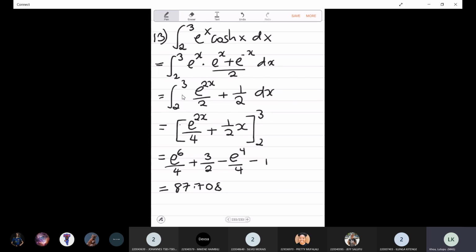And that was number 13. Number 15, you would do it pretty much in the same way, where you must rewrite hyperbolic cos in terms of e to the power of x.